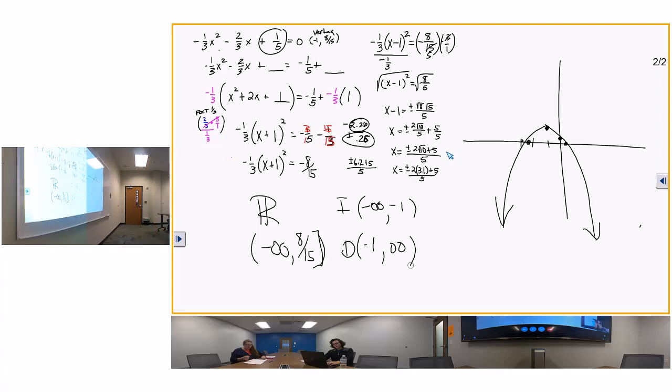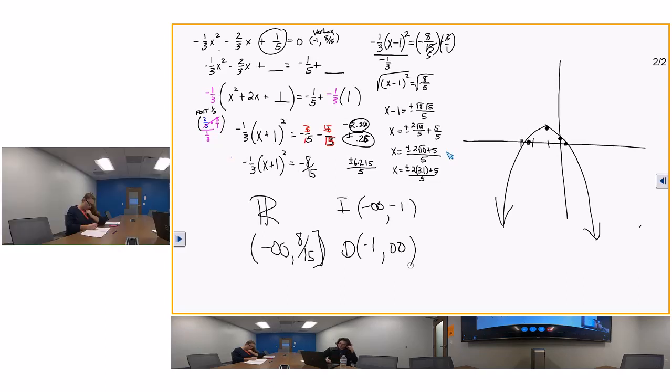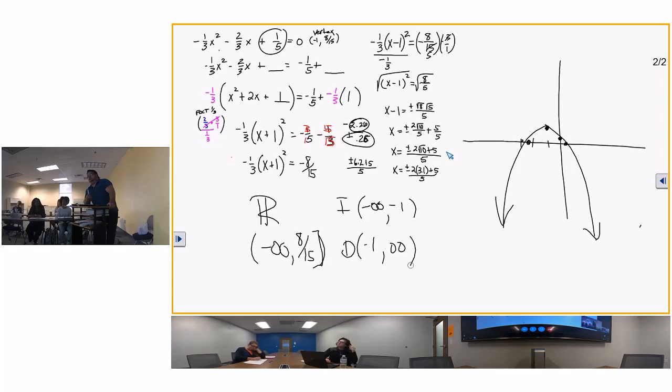Yes? Why did you go from x plus 1 to x? Okay, up at the top, when we divided by -1/3, that made that a +2. The +2 changed that to a +1, and you always use the opposite. Is that what you're talking about?